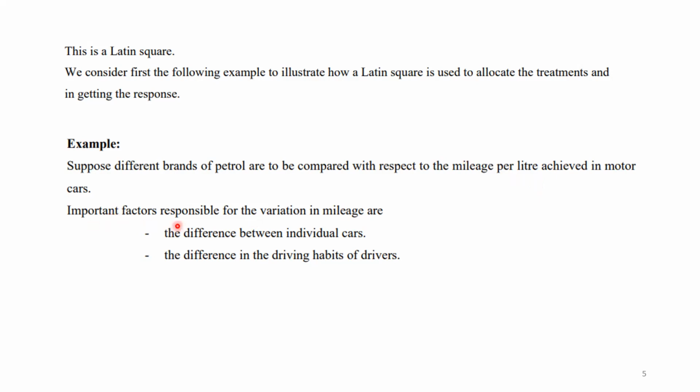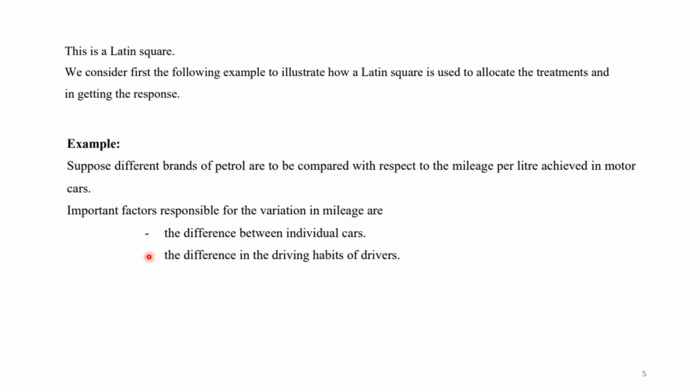They have considered 2 things as important factors responsible for the variation in mileage of those fuels. The difference between individual cars, because they have used 4 motor cars, so they have considered the differences between those 4 motor cars.